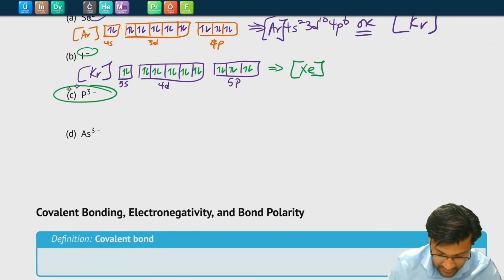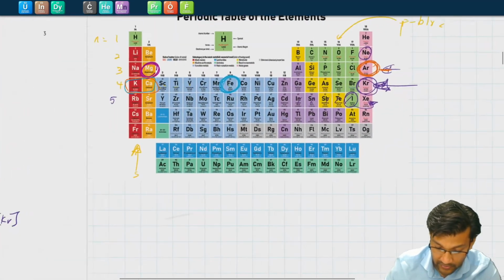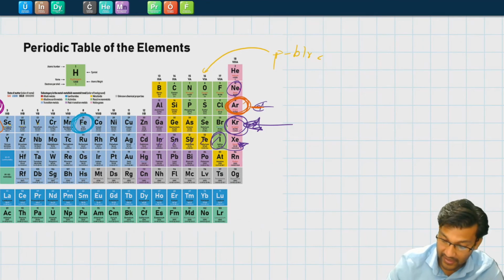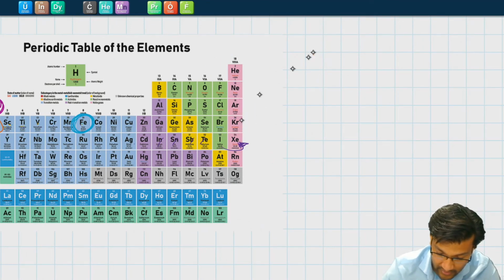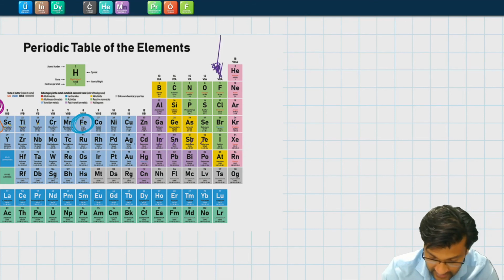Do the same for P 3 minus and astatine 3 minus. And what you'll quickly realize is how we came up with those rules that we mentioned earlier in the semester about the kind of charges we have with anions. We talked about how, for example, elements in this column, the halogens, form -1 charge. Why is that?